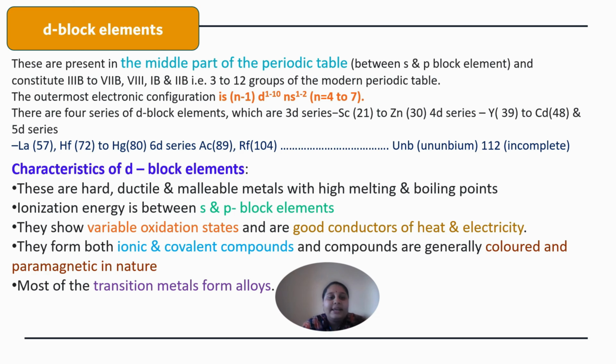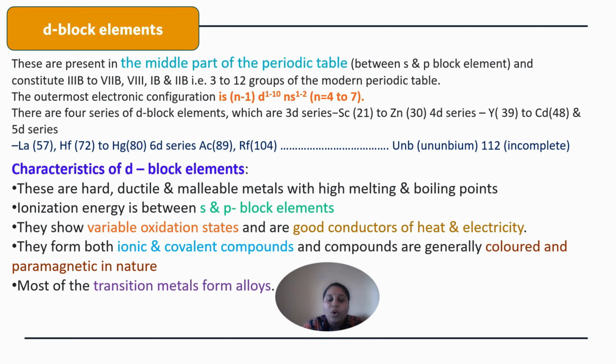So what are the characteristics of D block elements? They are hard, ductile, malleable metals with high melting and boiling points. The ionization energy is between S and P block elements. They show variable oxidation states and are good conductors of heat and electricity.